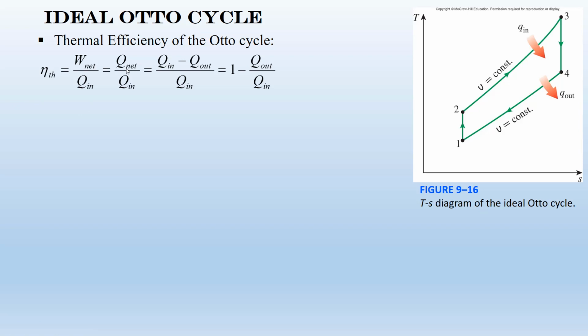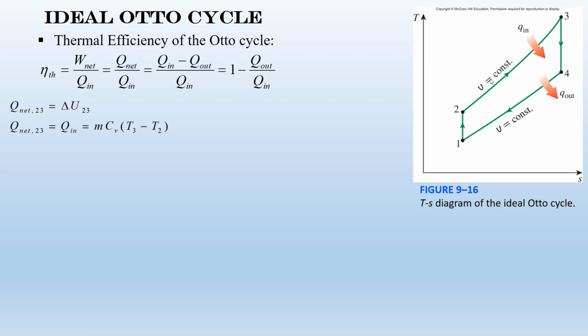Now let's assume that we have the ideal Otto cycle with constant specific heats, and let's calculate the Q out and Q in for this process. If you want to calculate the Q in, you need to write the energy balance for the process between state 2 and state 3. This is a closed system, so you can write Q net minus W net equals delta U. The process between points 2 and 3 is a constant volume process, meaning that the W net is 0.